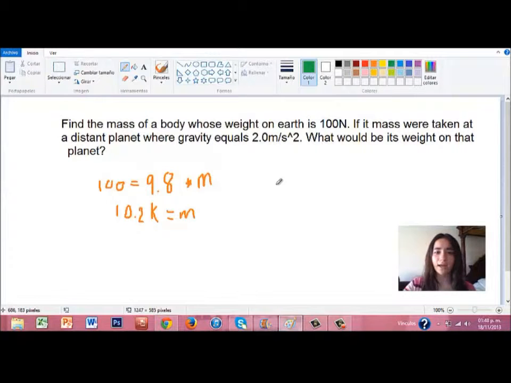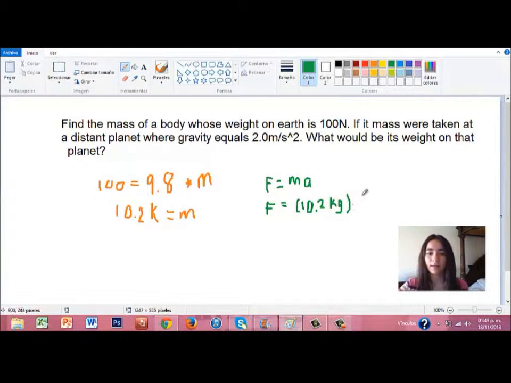So now we have that, we're going to use the formula force equals mass times acceleration. Now we're going to substitute the m, that is the result from here, 10.2 kilograms, and multiply by 2, which is the gravity there.